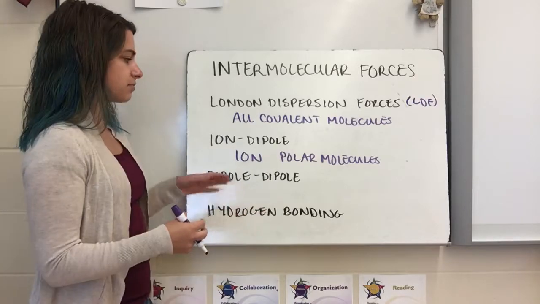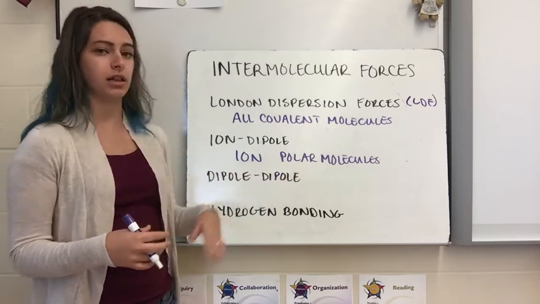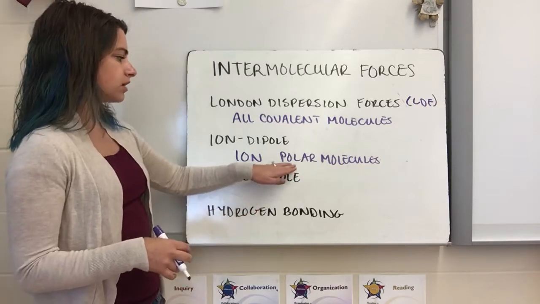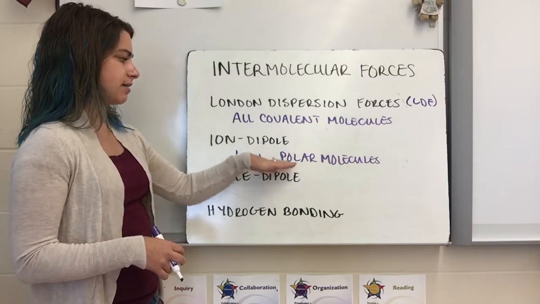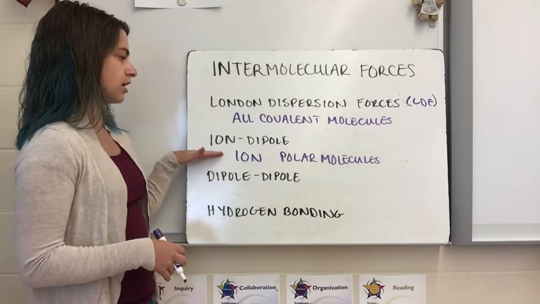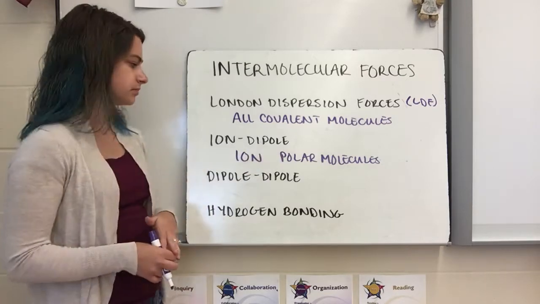We've talked about that before, and that resulted in polar bonds, and it could result in polar molecules. So a polar molecule has what's called a dipole, and so an ion dipole interaction, or intermolecular force, is between an ion and a polar molecule.